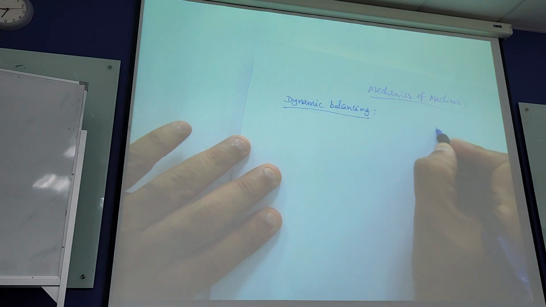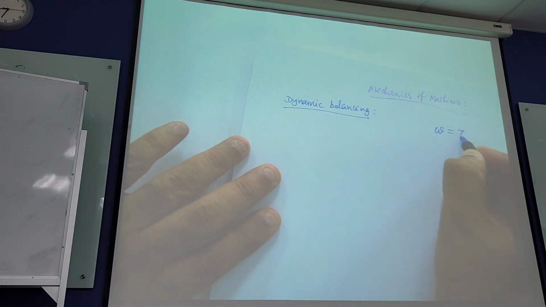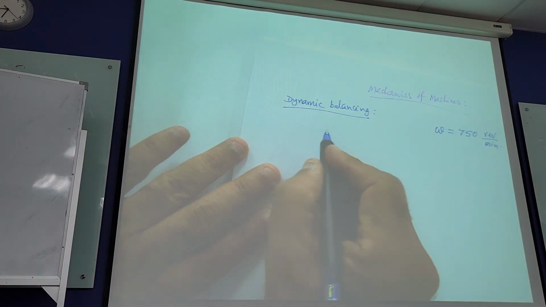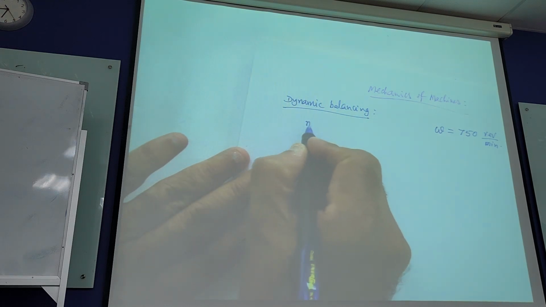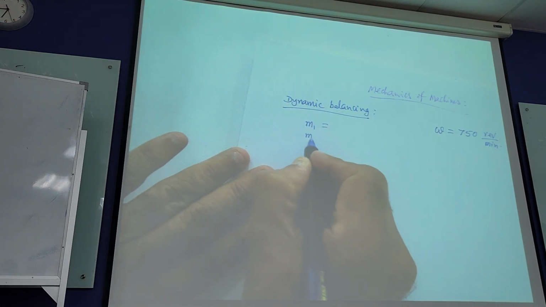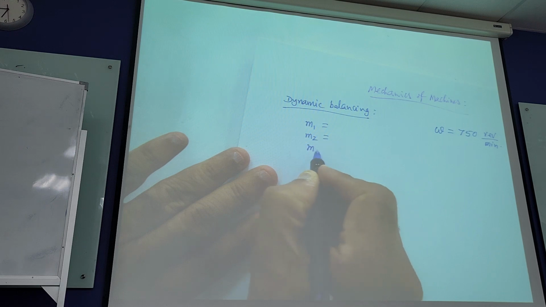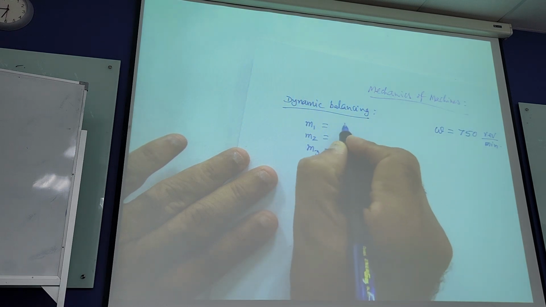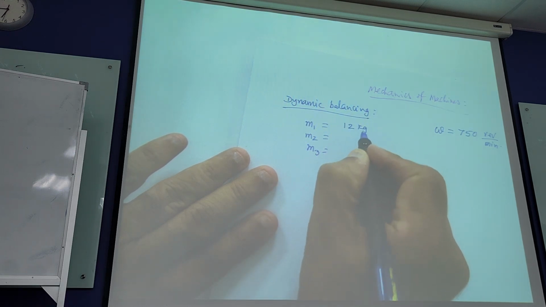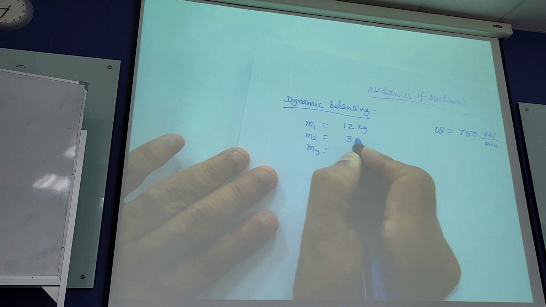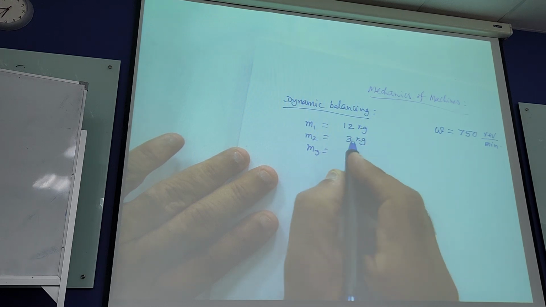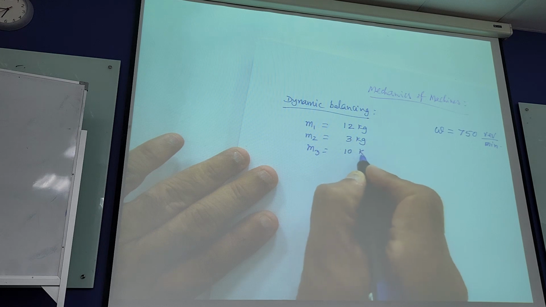So let us say the angular velocity is given as 750 revolutions per minute. So M1 is given, M2 is given, M3 is given. So let us say M1 is 12 kg, M2 is 3 kg, and M3 is 10 kg.